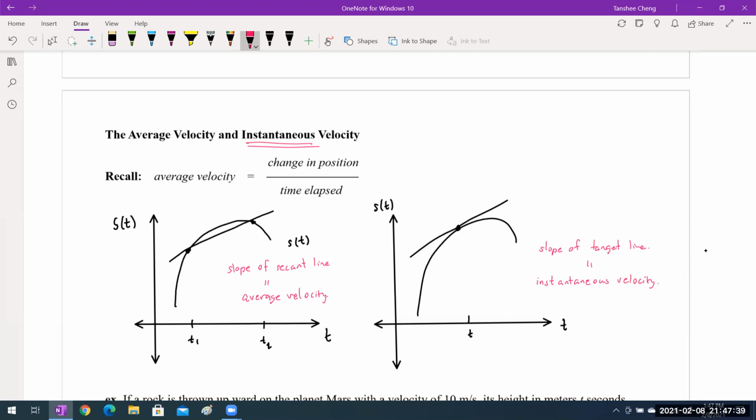And this is not only used in position functions. We can talk about instantaneous rate of change. For example, what is the rate of change of a chemical at that particular moment? Sometimes it is important.